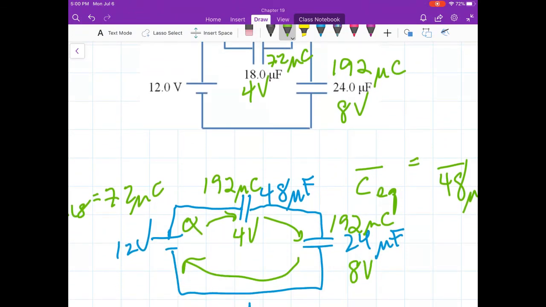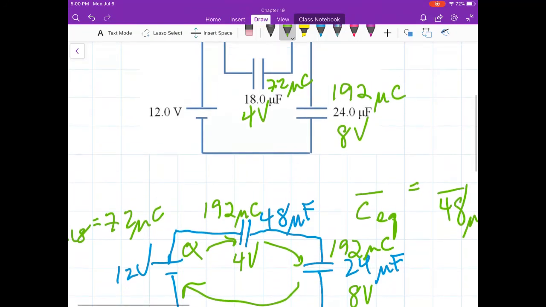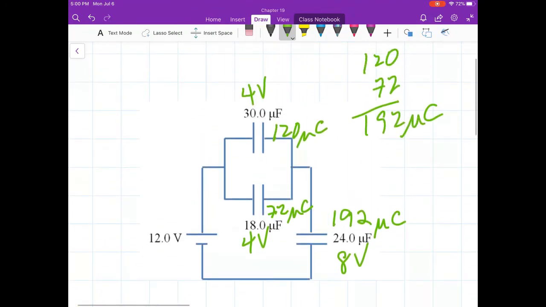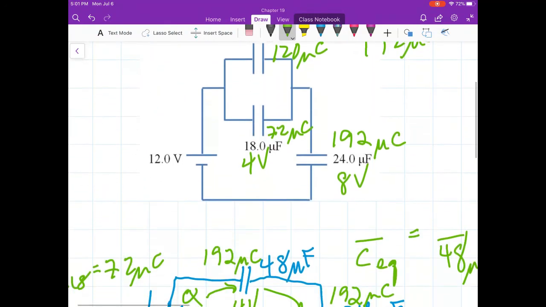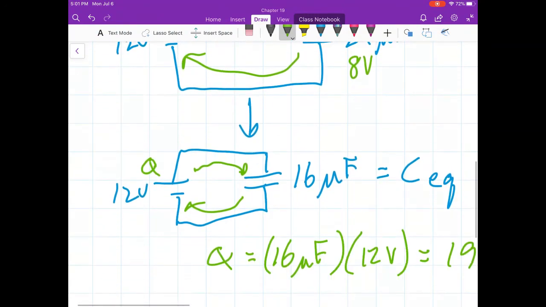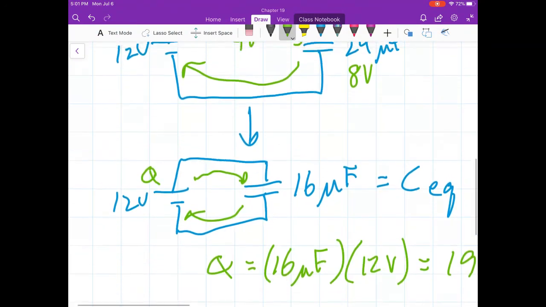A single capacitor was a 48 microfarad with 4 volts, 192 microcoulomb. Here we have two in parallel, 4 volts, and there's the 192 microcoulomb. The 24 microfarad has 192 microcoulomb and 8 volts. Of course, the other part of the problem was CEQ, 16 microfarad.